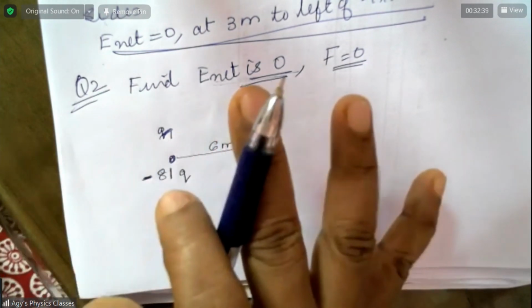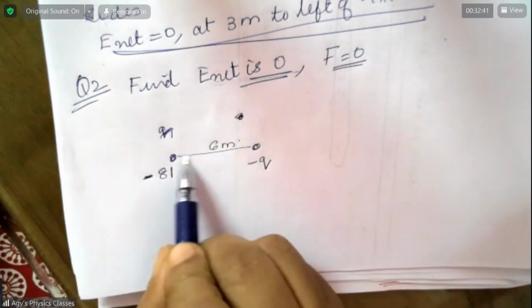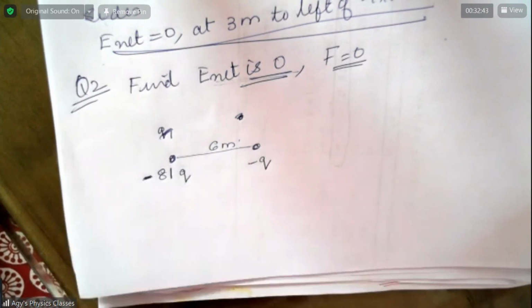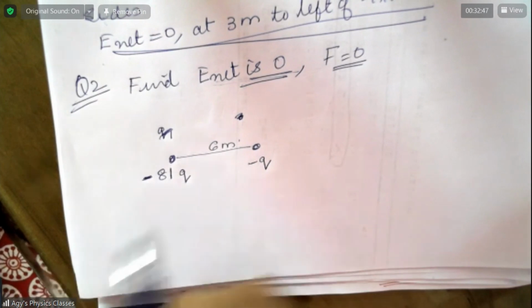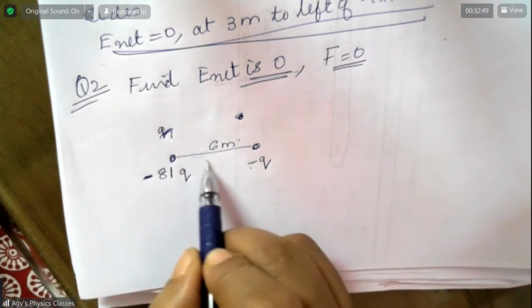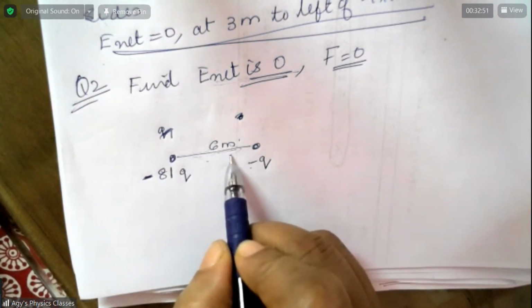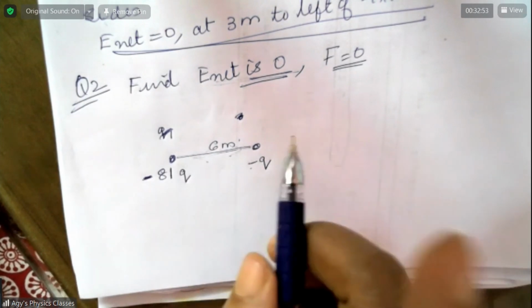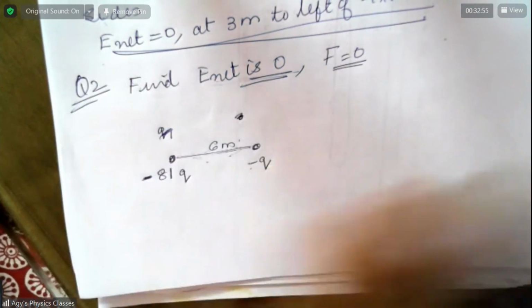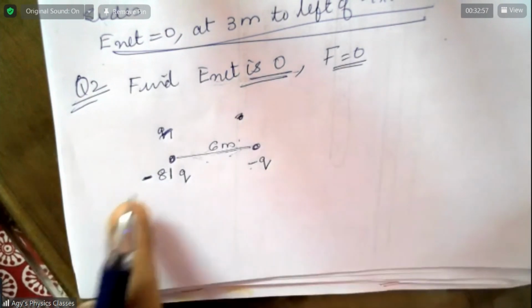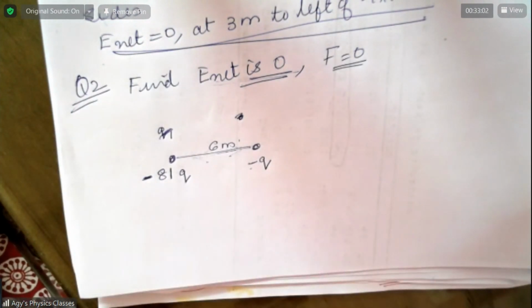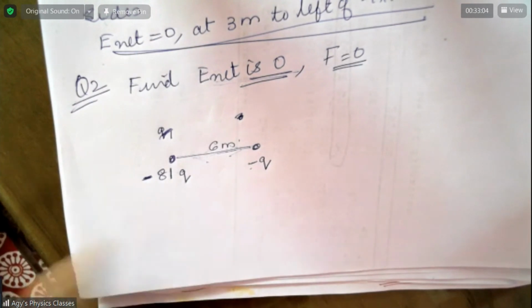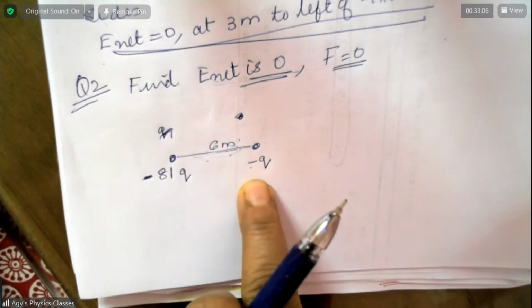First of all, use the clues. Is it in between or outside? Same charges, the field will be this way and the other will be this way, so outside, not between. Very good. Now, near which charge, 81 or minus 1? Minus 1, because this is the smaller charge.